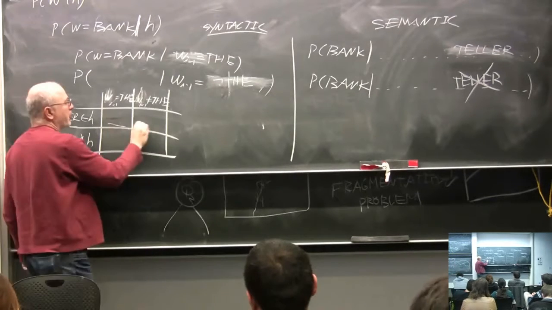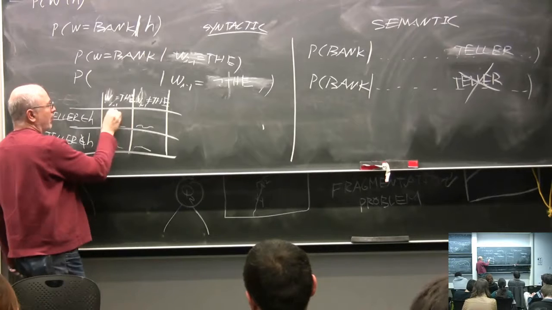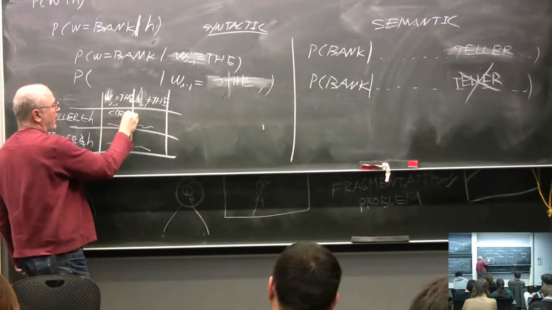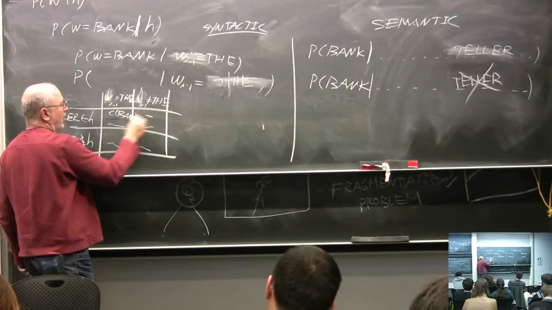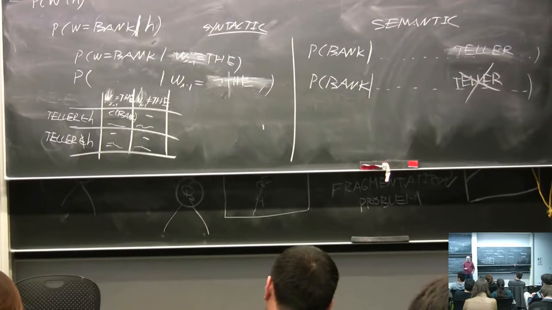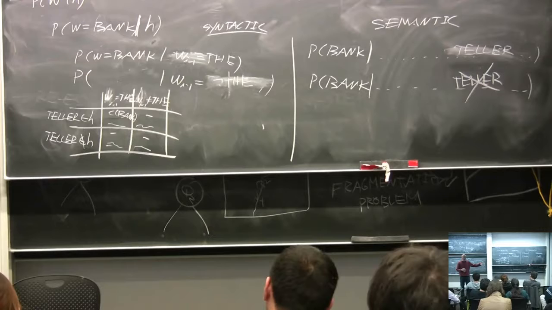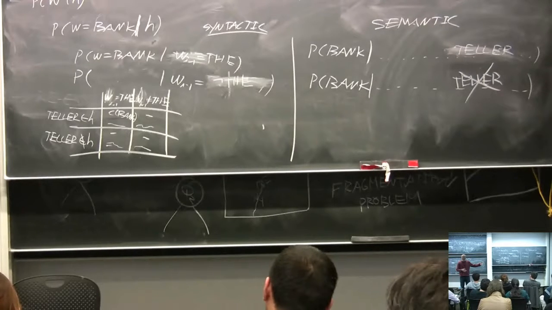And now I can write here the counts of how many times I observed the word bank, C of bank here, and here, and here, and here, and how many times these things occurred, and normalize them properly. This is like calculating the probabilities of a 2x2 table directly. And it's okay if you have a lot of data and just 2x2.